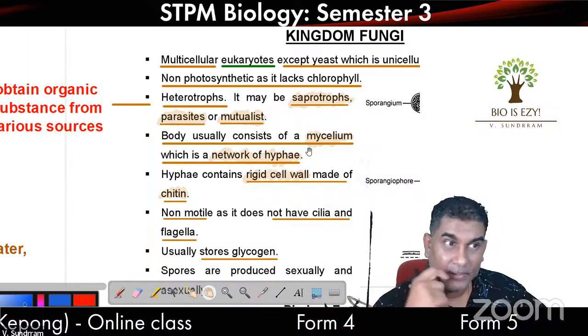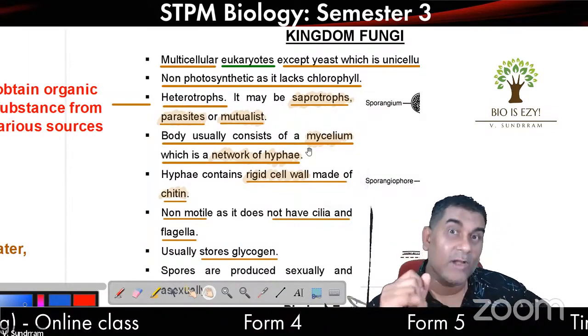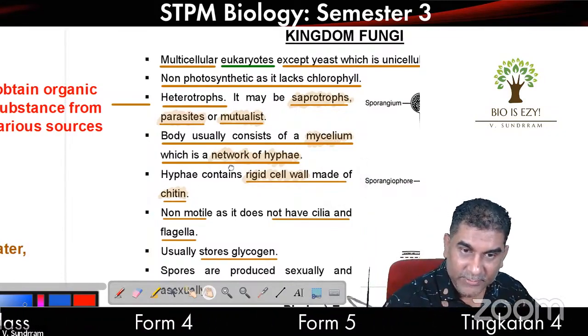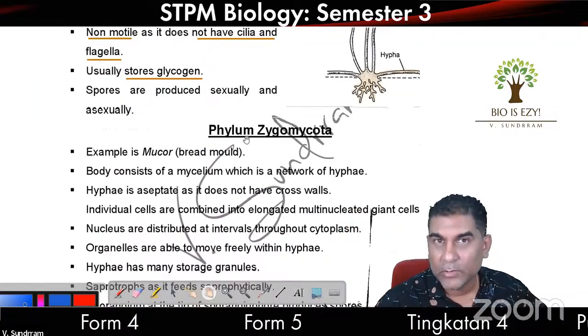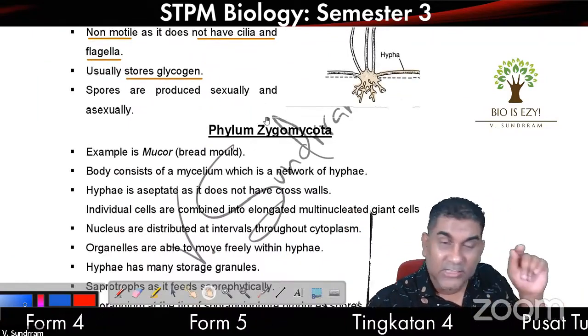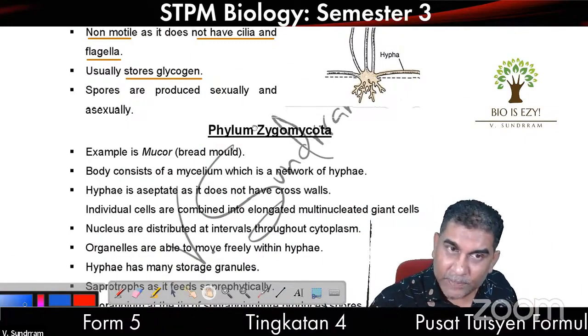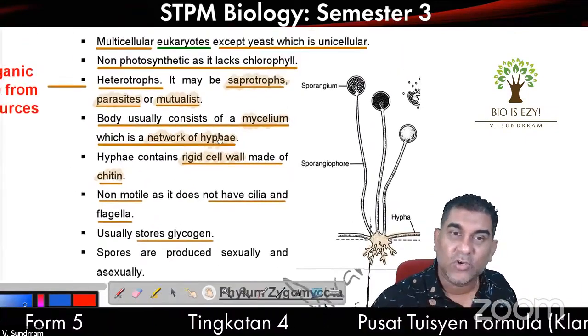Your syllabus has only 1 phylum, Zygomycota. So that's what we have down here. There are another 2 phyla, but the syllabus only mentions this, so we only explain this. Again, you can repeat back all of this. All of this is Zygomycota.